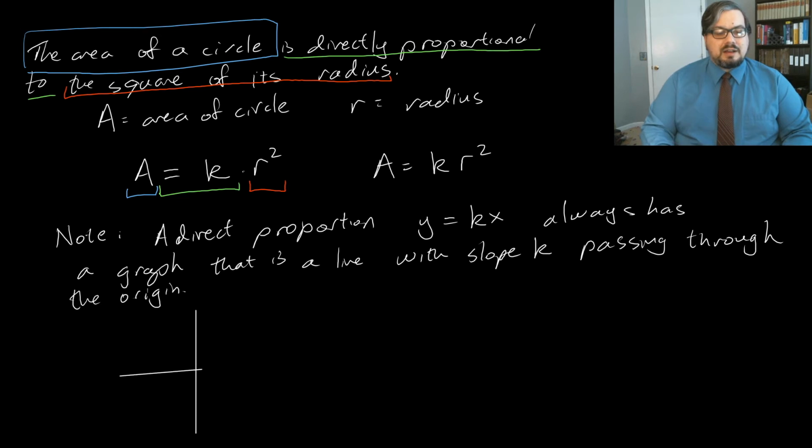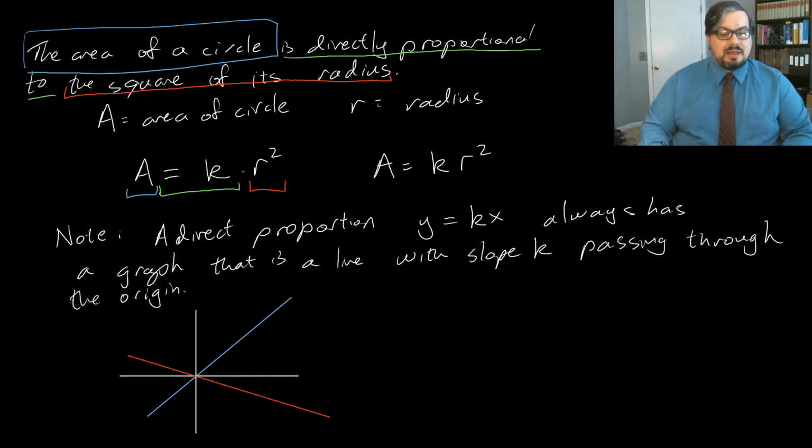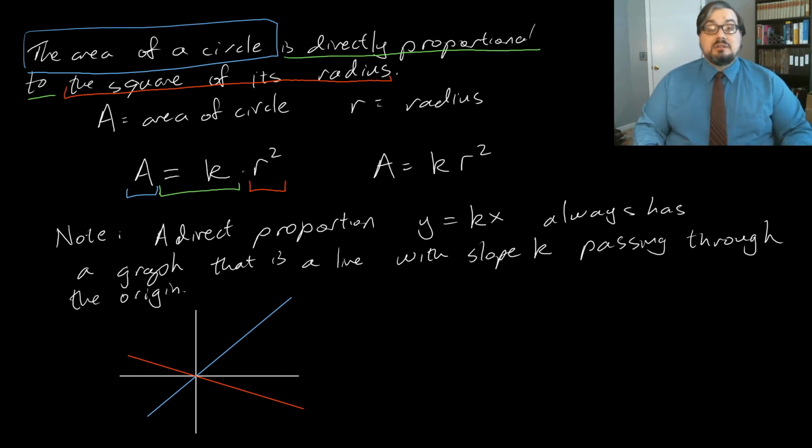So if we look at a graph here, or at a grid here, then the following lines could be lines that describe a direct proportion, because they are lines of linear equations whose y-intercept is at (0, 0).